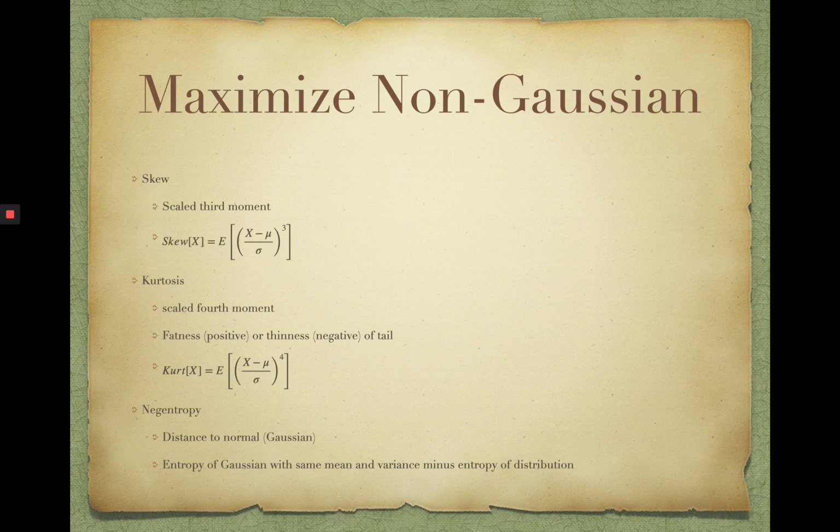Kurtosis is kind of like how it deals with the tail. The easiest way to talk about it is that the tail is either fat or thin. Fat tails tend to mean that you get larger and larger, like chi-squared.